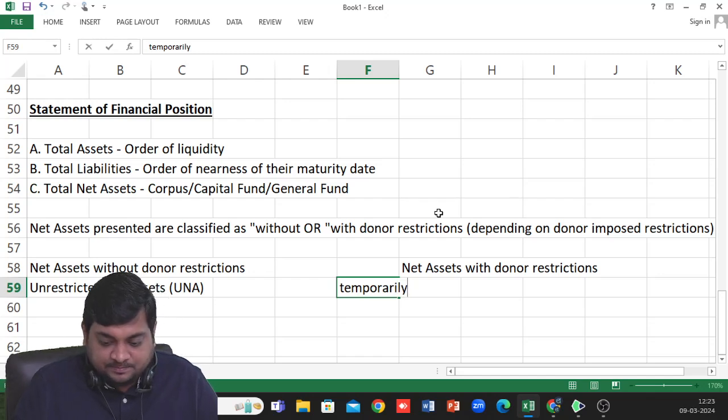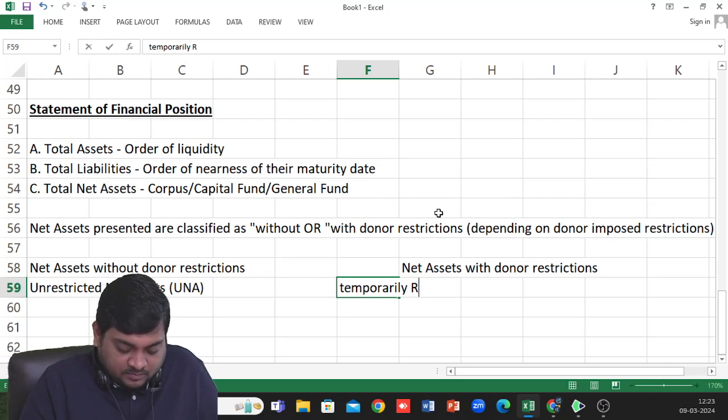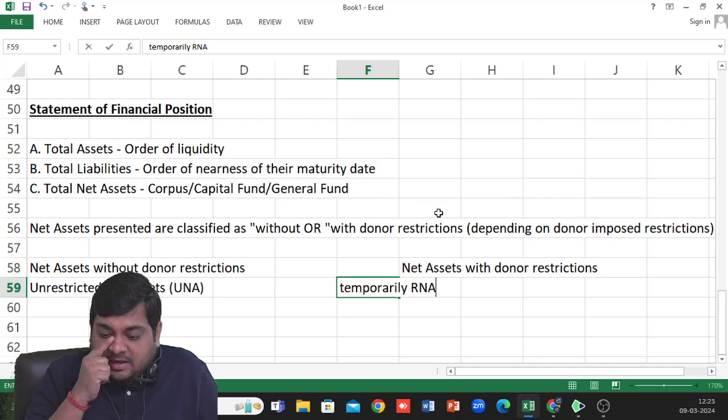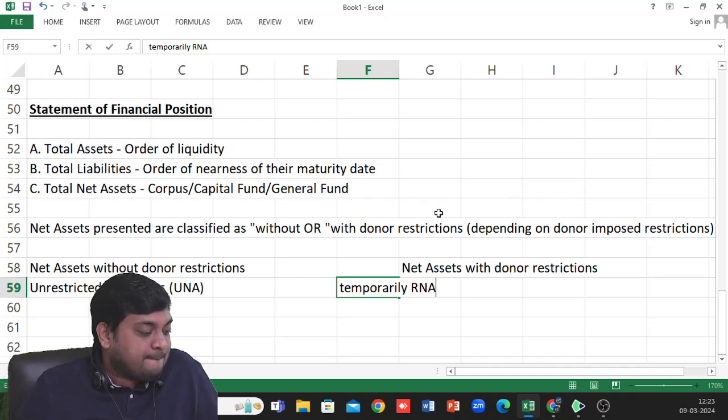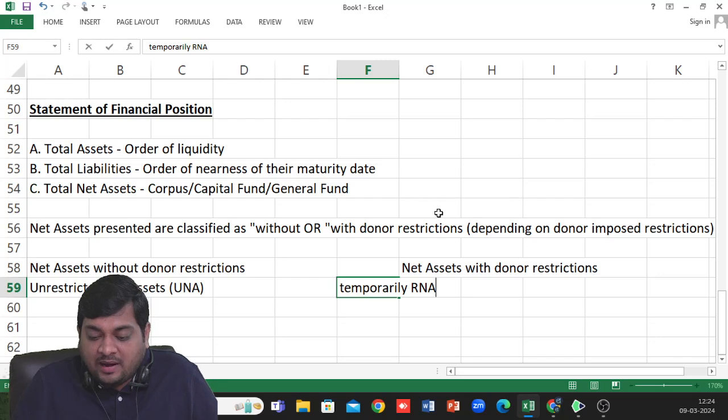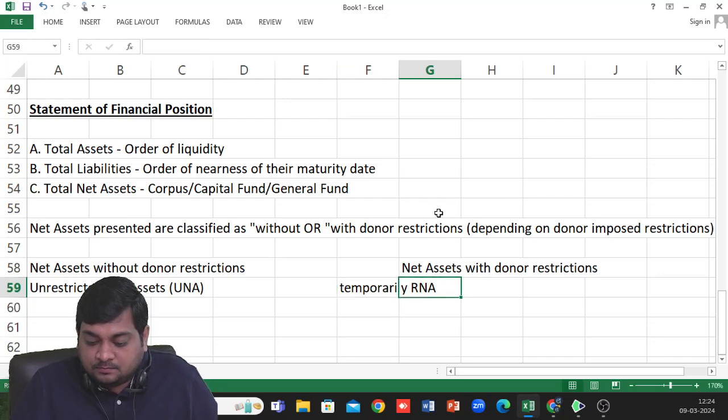Temporarily RNA, meaning restricted net assets, right?